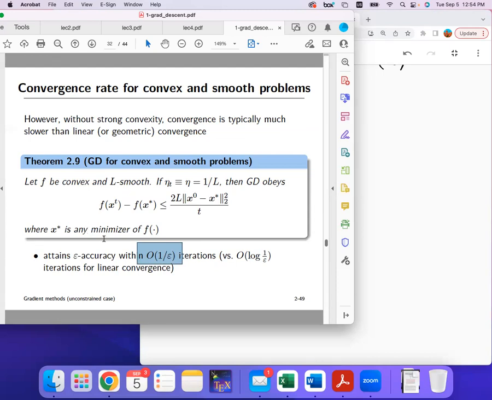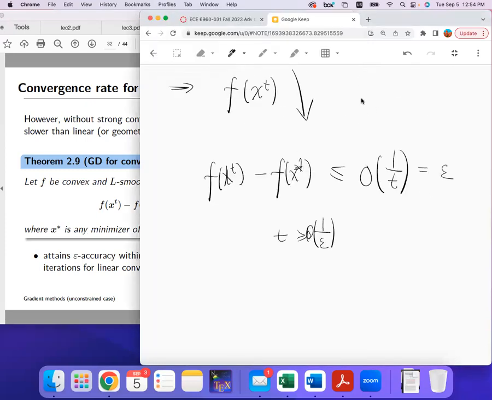That's a much smaller iteration complexity. So this is a much slower convergence rate. It's a sublinear convergence rate. The previous geometric convergence rate for strongly convex problems, we call linear convergence. So this is sublinear. Sub means it's slower compared to linear.